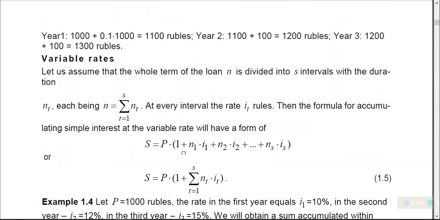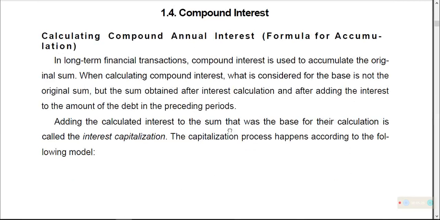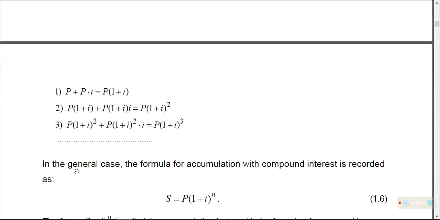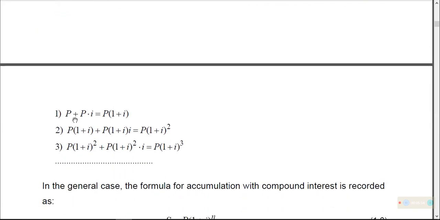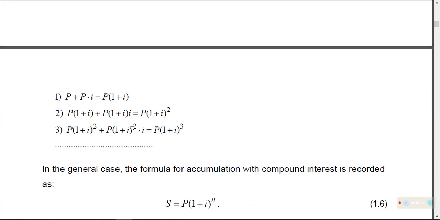So, balik tayo dito. Ayan. This is how it works. The original principal plus P times I. Bakit wala na si N? Kasi in-assume natin na for one term yon.